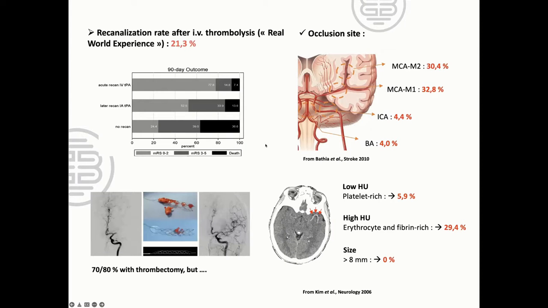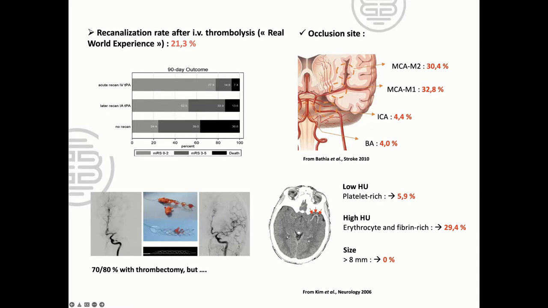But there is also a different situation in the context of ischemic stroke. It's not easy, as I showed you just before, because the efficacy of recanalization is very low in the clinical setting, with only 20% of recanalization for patients who are treated by rTPA-induced fibrinolysis.